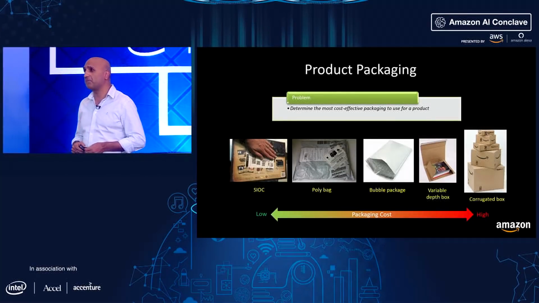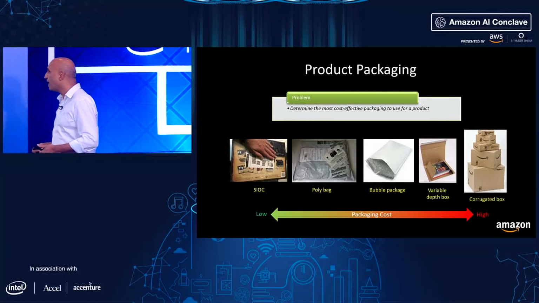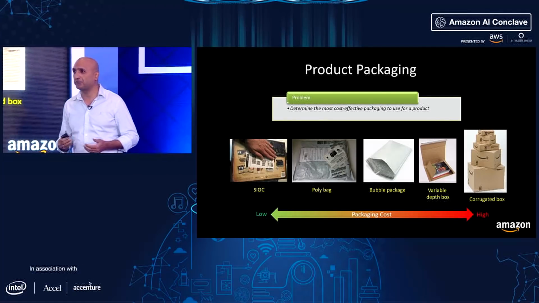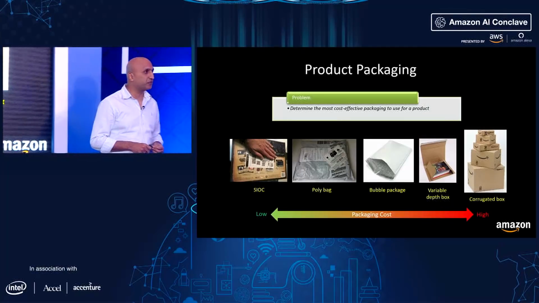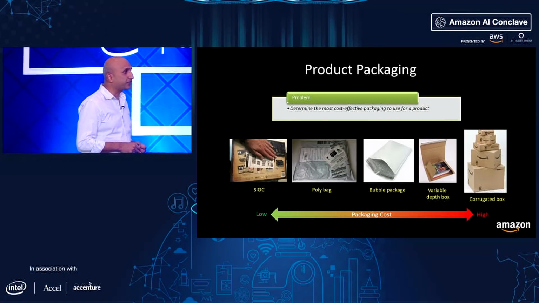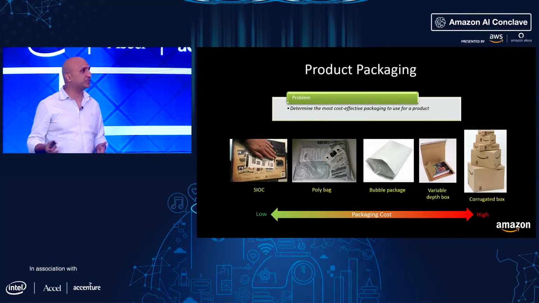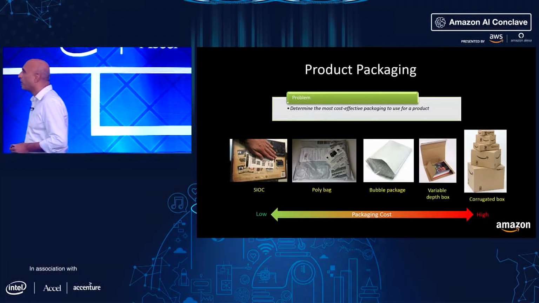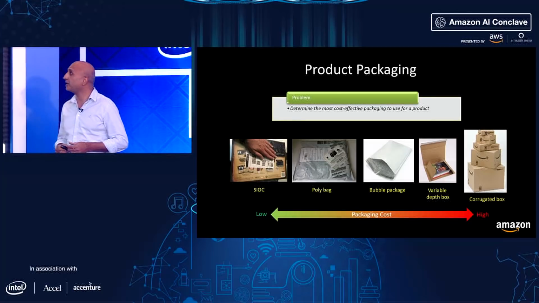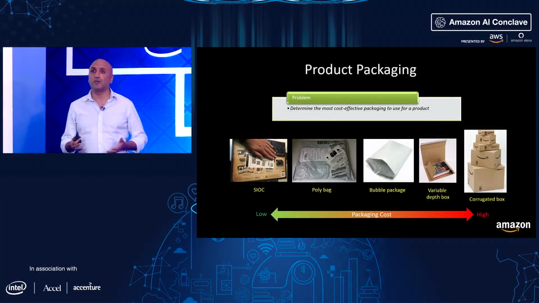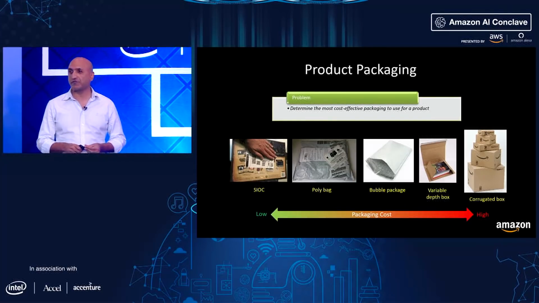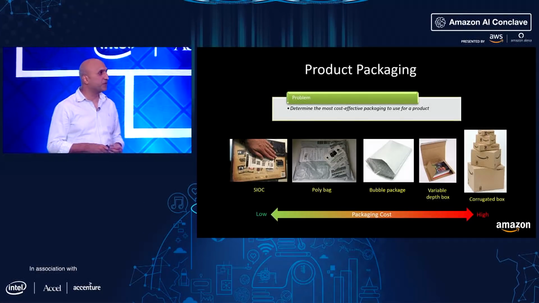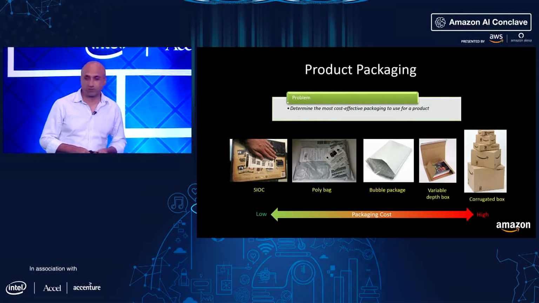We've also got some fairly mundane applications. This is not something that would be the first thing that would come to your mind, but it's very important because a lot of our costs are in the packaging that we put our products in. So we're using machine learning here to determine the most cost-effective packaging to use for a product.